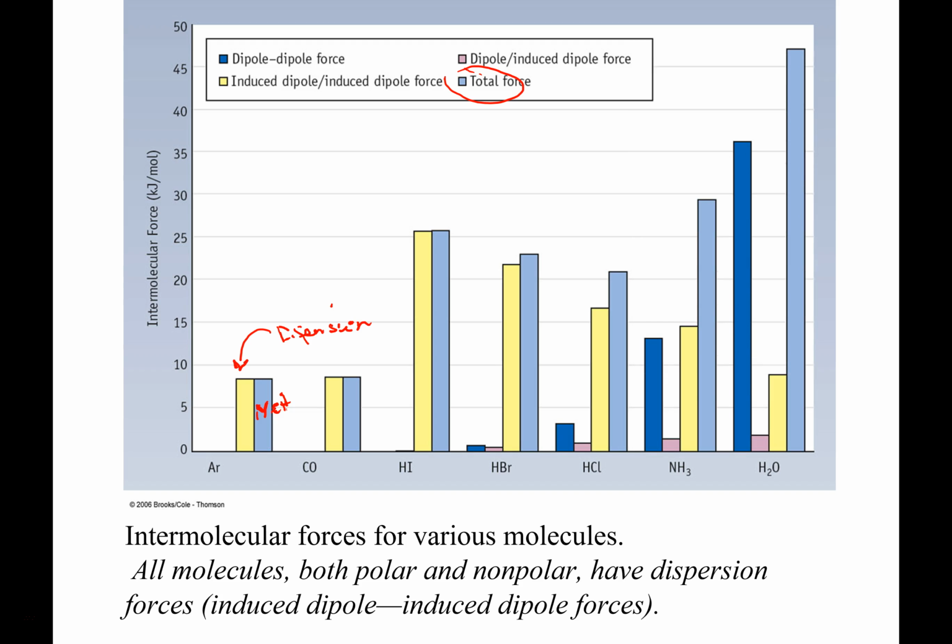What about these guys? NH3 and H2O, what do they have in common? Hydrogen bonding, yep. And so when you look at their overall net intermolecular forces, notice that this first one, which is the dipole, is way high for H2O and moderately high for NH3.